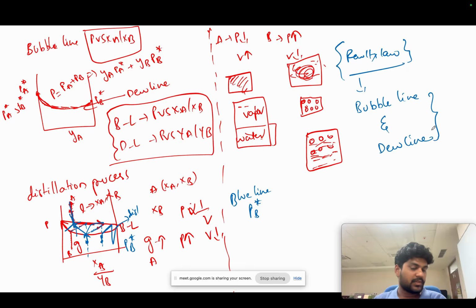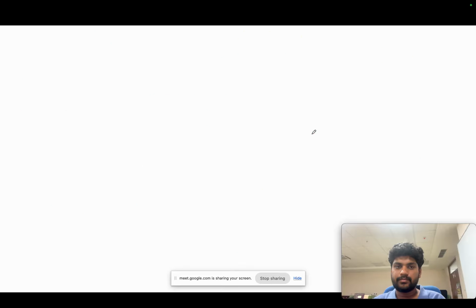Yes. So then we have the equation, which from Dalton's law we know. Raoult's law we have, P star.